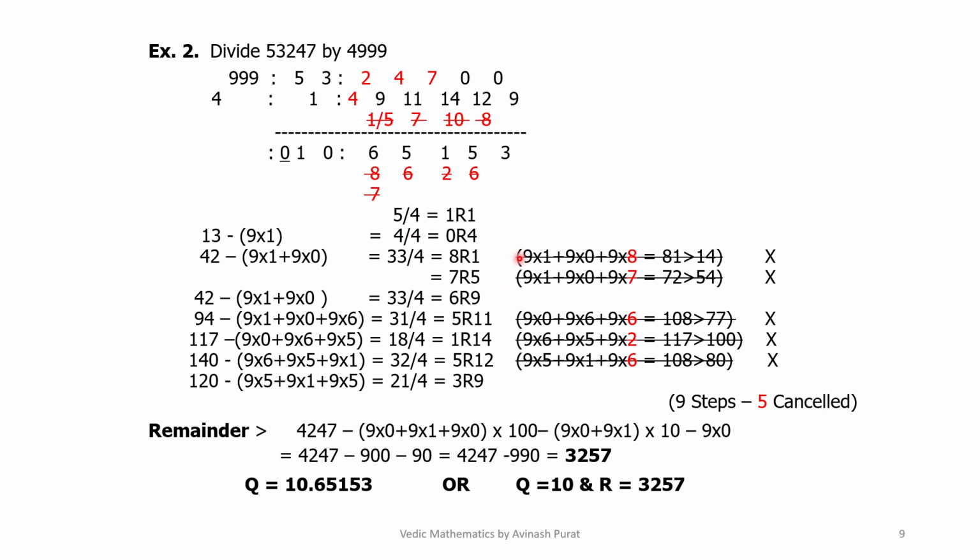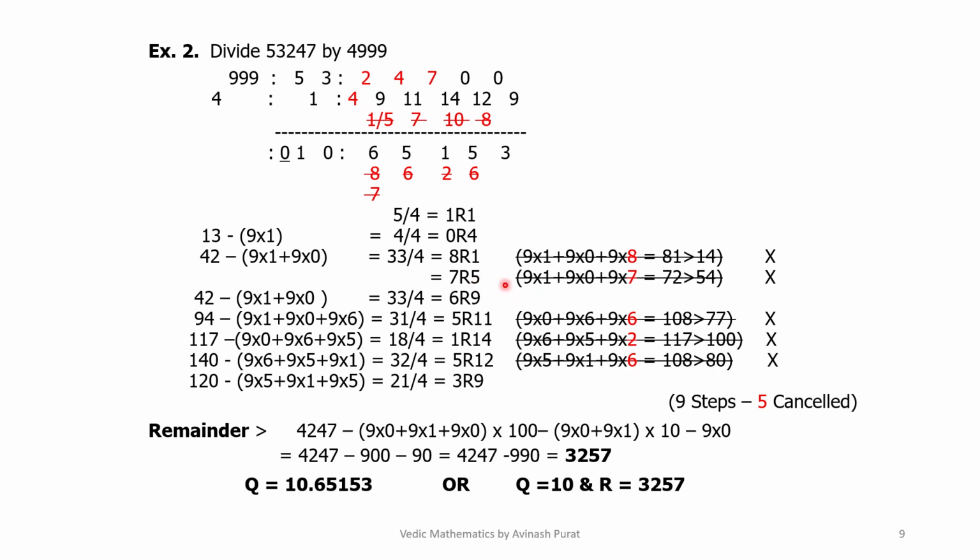But the next dividend would be 14, and 14 minus 9 into 1 plus 9 into 0 plus 9 into 8 would become 81, that is more than 14. So 8 as quotient is not possible. If we take 7 as quotient, the remainder becomes 5.